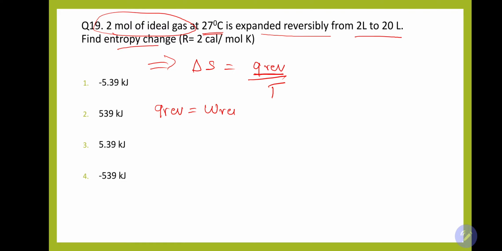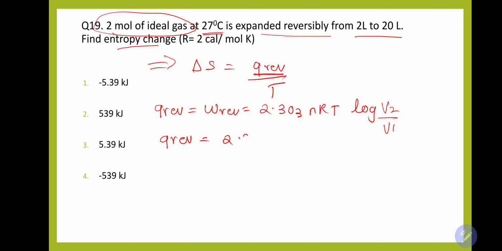So work rev is equal to, take the formula, 2.303 nRT log of V2 upon V1. Substitute the values over here. So what will be the Q rev?